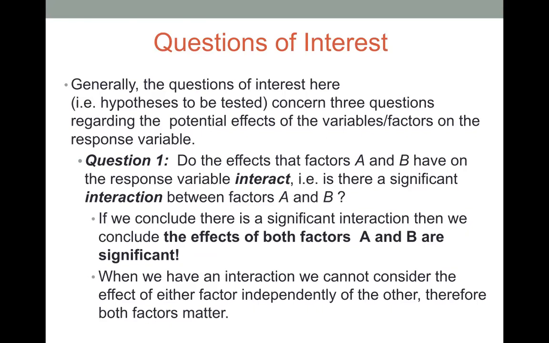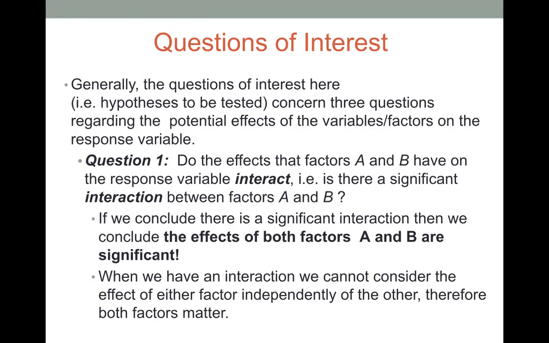Like gender and age: do they interact with regard to performance? Performance is the dependent variable, which is usually an interval or ratio variable, always a numerical variable. Those are the interaction effects you're going to look at.